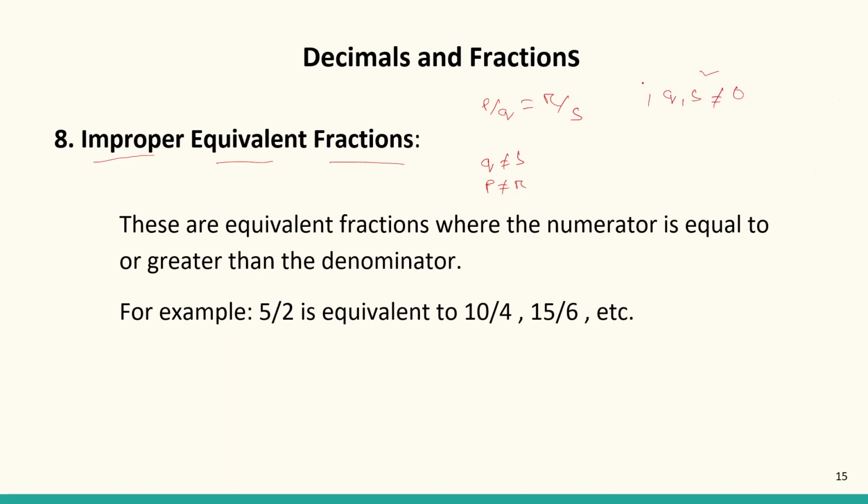You know the reason why. Improper equivalent fractions means the numerator P must be greater than or equal to Q, and similarly R is greater than or equal to S. For these three conditions, we can say this is called an improper equivalent fraction.